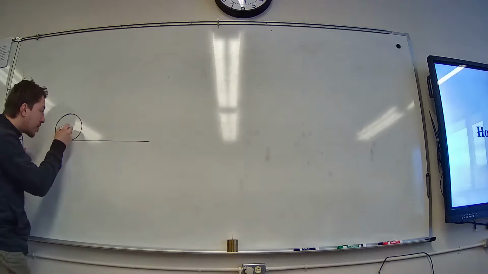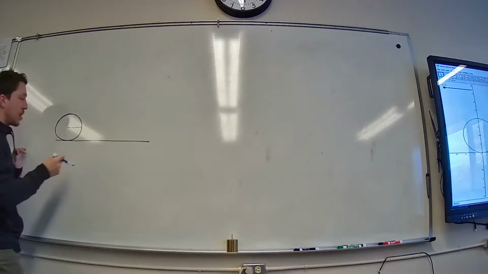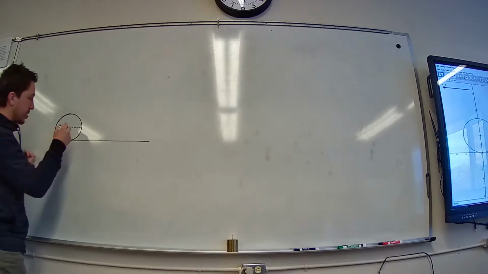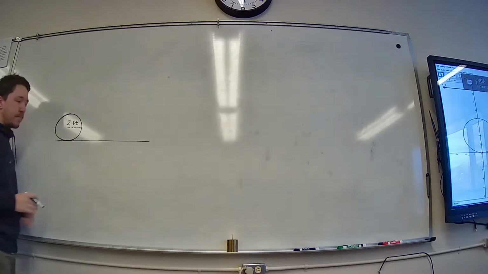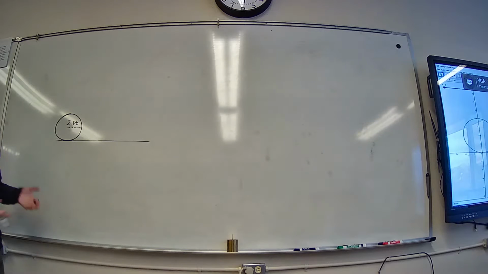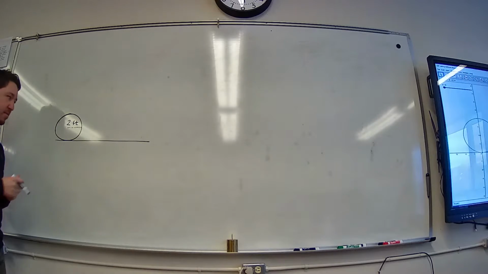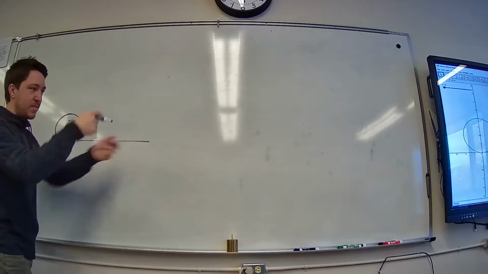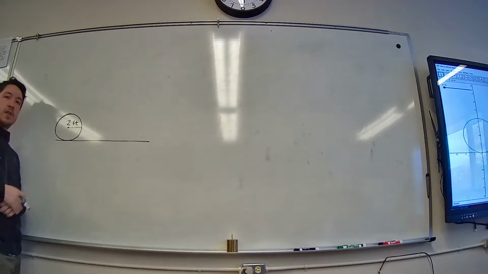If you had a wheel, let's say it's a big wheel with a 2-foot radius, or a ball, just a round object, and it rolled one rotation, one full roll, how far would the center of the circle travel?